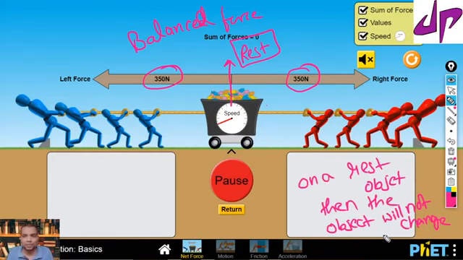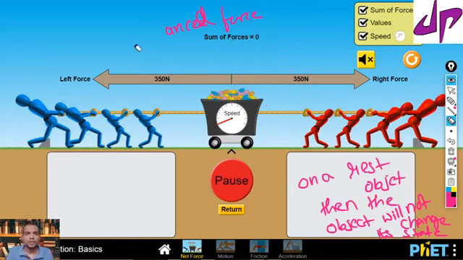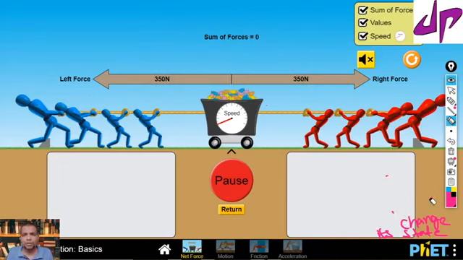That's the correct wording you have to mention here: the balanced force won't change the state of the object. You can continue this forever, and the cart won't move at all.